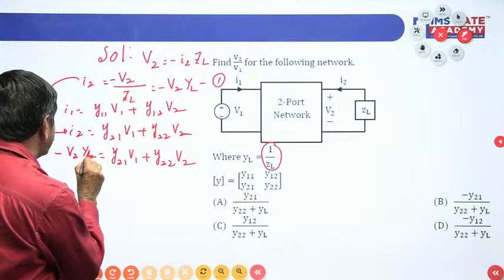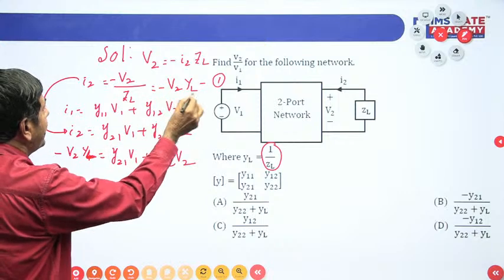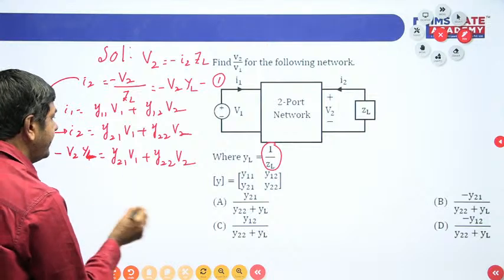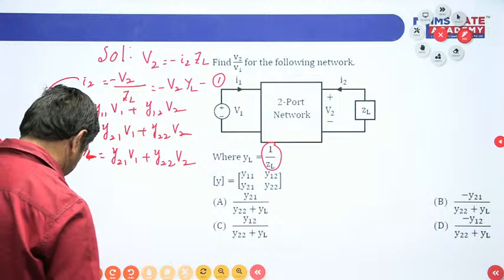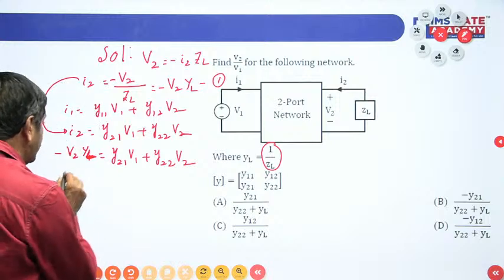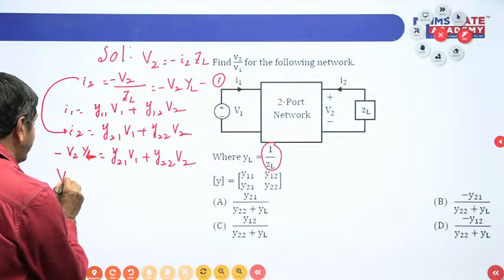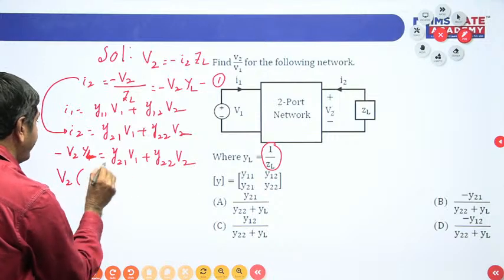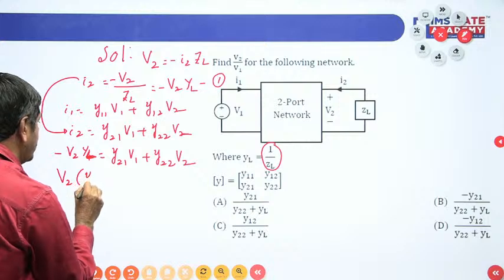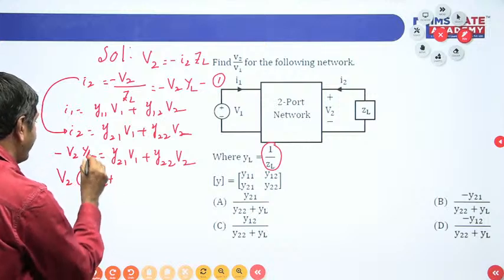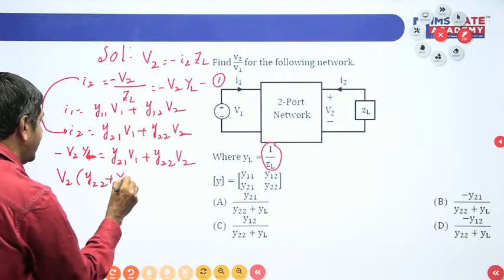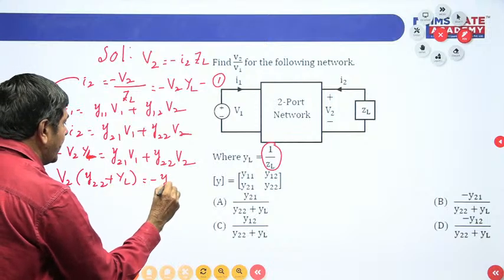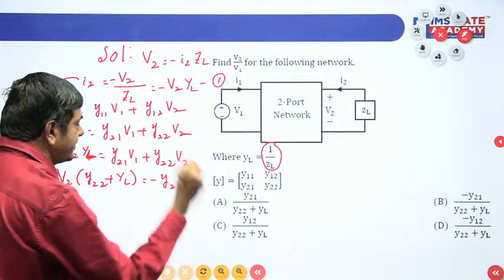Here I want to take V1 in common. I brought this V2 to this side, so I will get V2 into Y22 plus YL here, and this goes to the other side, giving minus Y21 into V1.